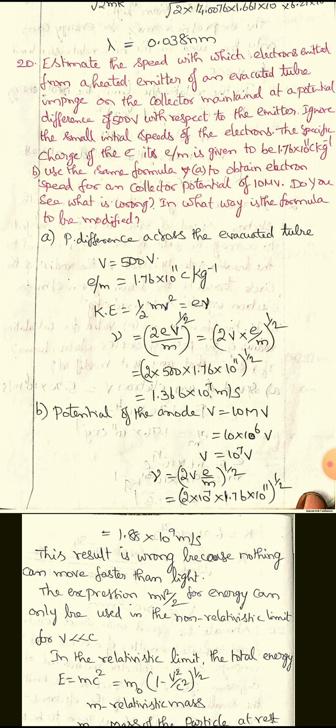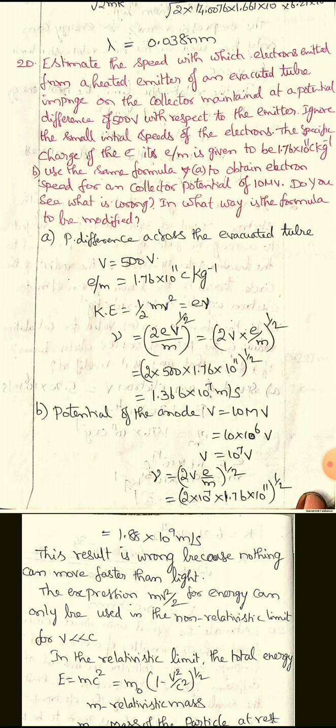If we go for the second part, the B part, the potential is given as V is equal to 10 millivolt. This millivolt can be converted into volt by multiplying it by 10 to the power of 6, so that you will get V as 10 to the power of 7 volt. For this also, if we use the same formula, v is equal to (2V into e by m) the whole power half.